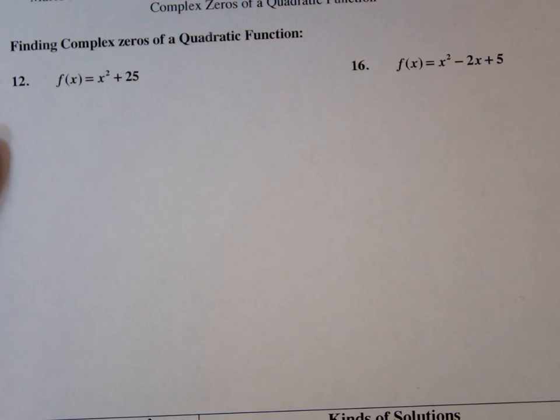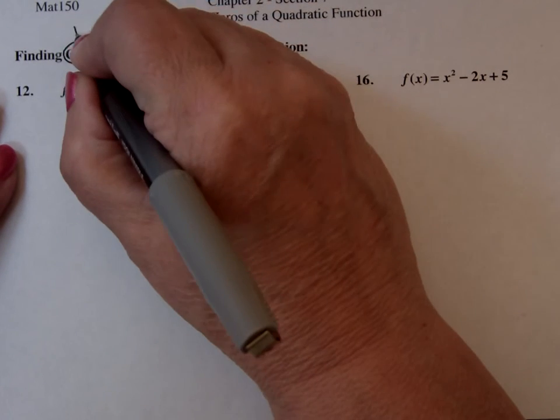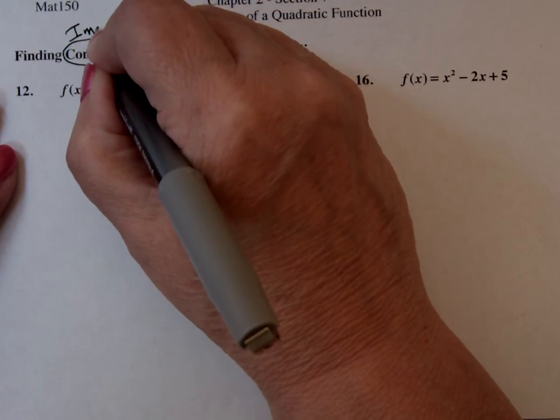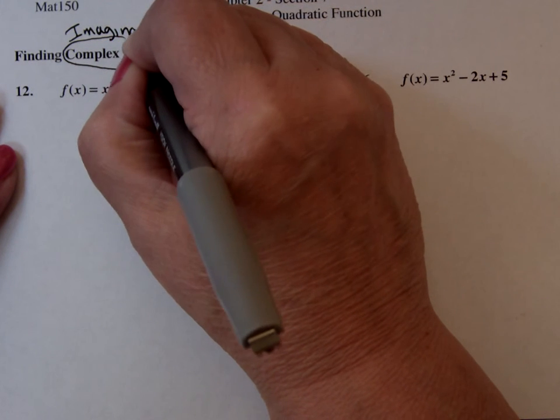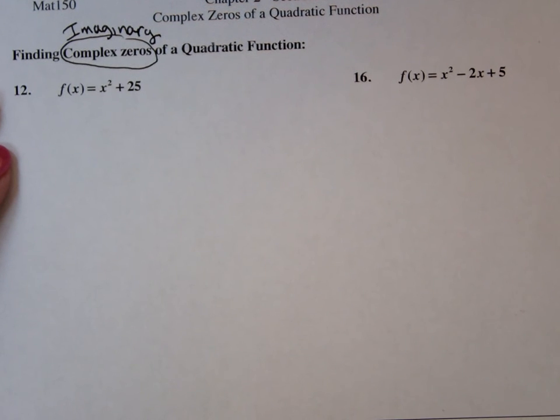But complex zeros, remember, we're now going to be looking at imaginary. Complex also includes real, but we're on imaginary numbers at this point.